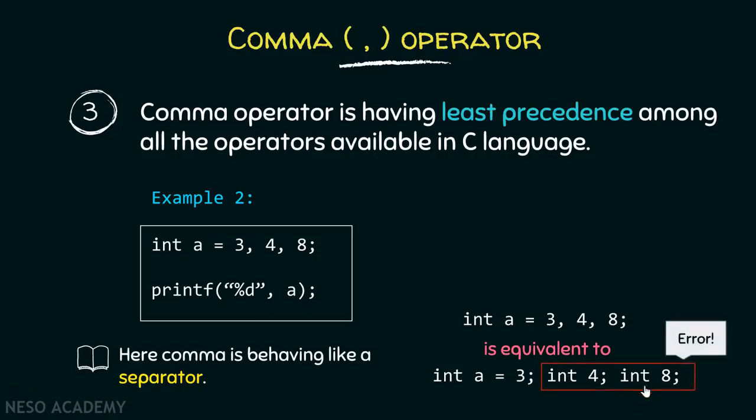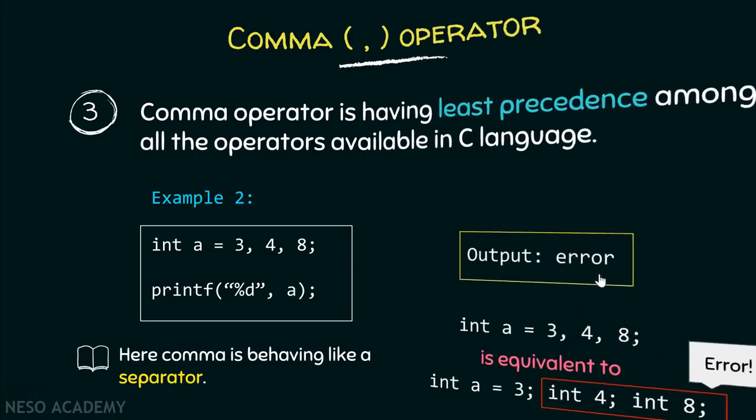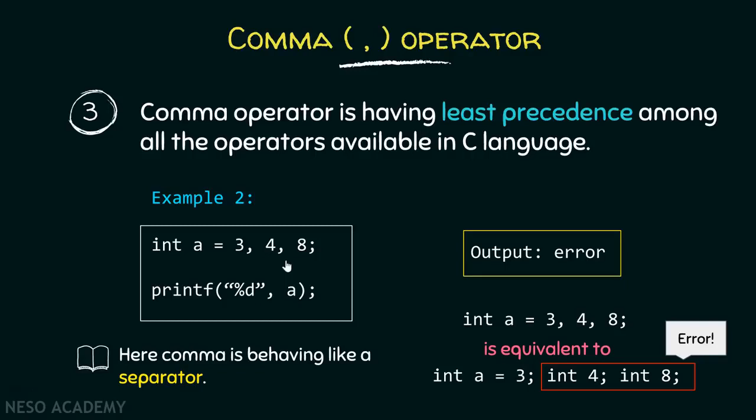Therefore, this will produce an error. So, the final output of this particular program is an error. Because of these 4 and 8 values, error will get produced. Because here comma is acting like a separator, compiler treats these digits as separate variables. Because we cannot start a name with a digit, therefore it will produce an error message.